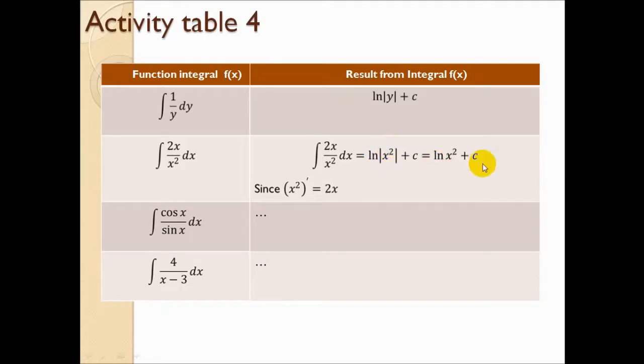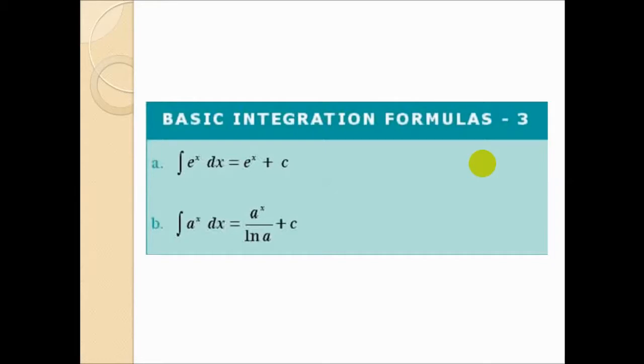or we can get ln of x squared plus c. The basic integration formula for the next is e to the power of x. As the derivative of e to the power of x is still e to the power of x, it is the same with the integral. If we have the integral of e to the power of x dx, it is still e to the power of x plus c.